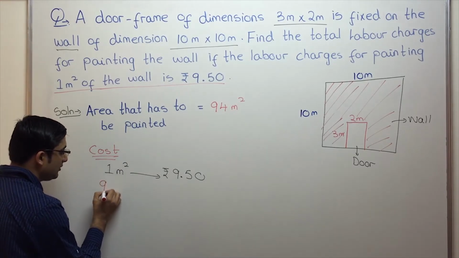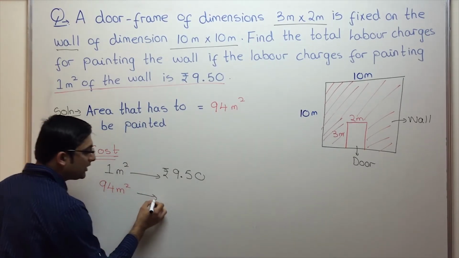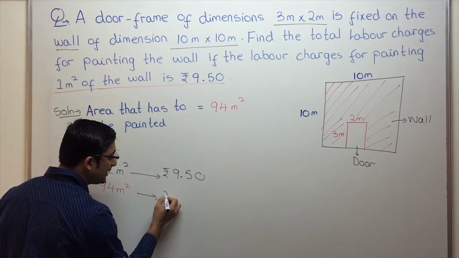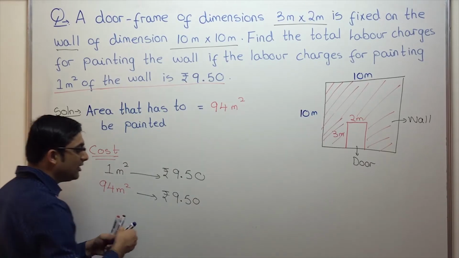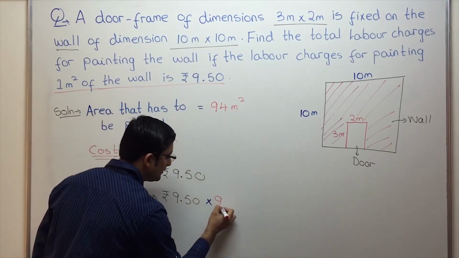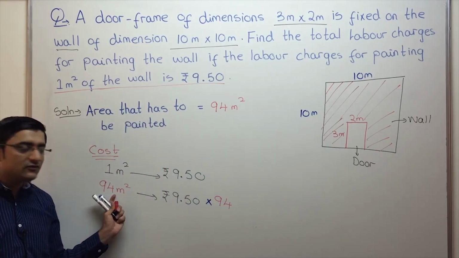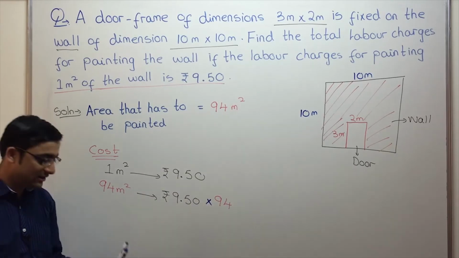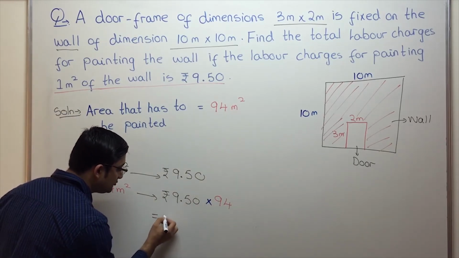Simple. The cost for 94 square meters is equal to the cost for 1 square meter, that is rupees 9.5, multiplied by how many square meters do we want to paint? 94. So we have 9.5 multiplied by 94, that is rupees.